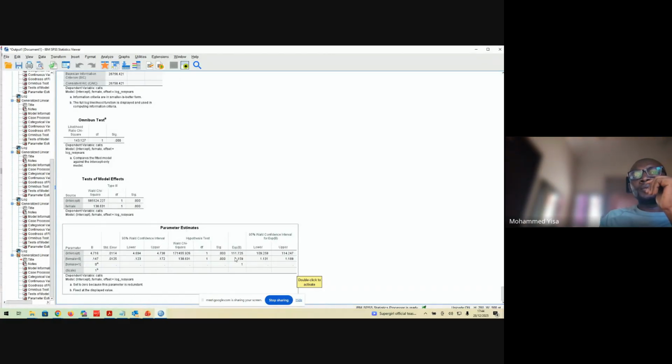So this value can actually take any positive value from 0 to infinity. When you have it less than 1, you subtract this from 1 and then express as a percentage.